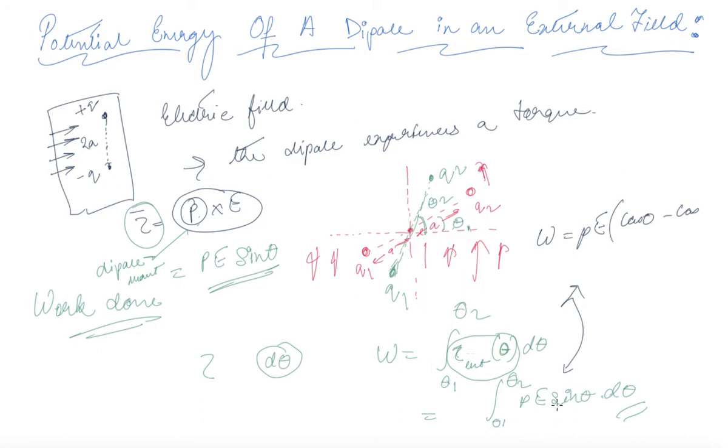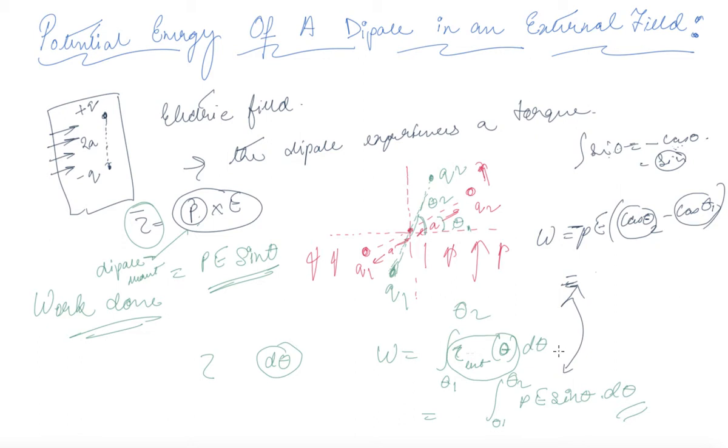Please keep in mind that if you integrate sine theta, you will have a minus: integration of sine theta gives minus cos theta, because differentiation of minus cos theta gives sine theta.